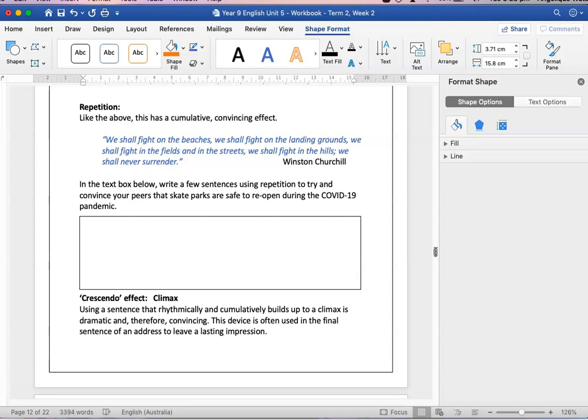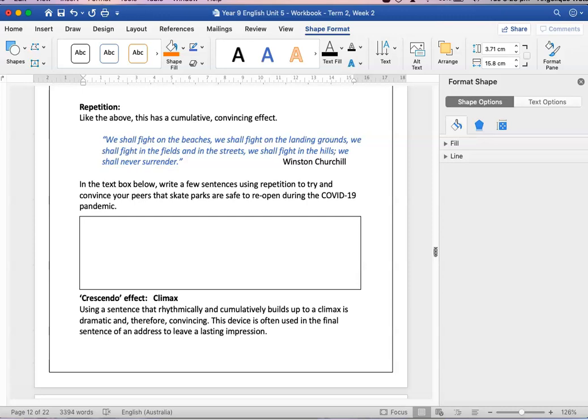We shall fight on the landing grounds. We shall fight in the fields and in the streets. We shall fight in the hills. We shall never surrender. Can you see that we shall fight is repetition and has this building effect as Winston Churchill is speaking, so that you can really picture they mean business.